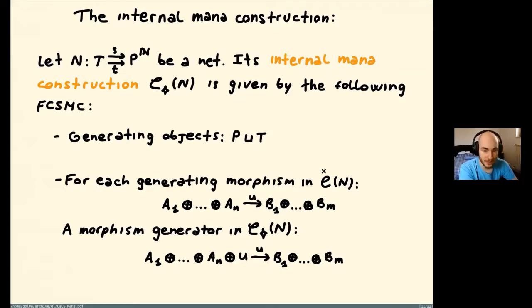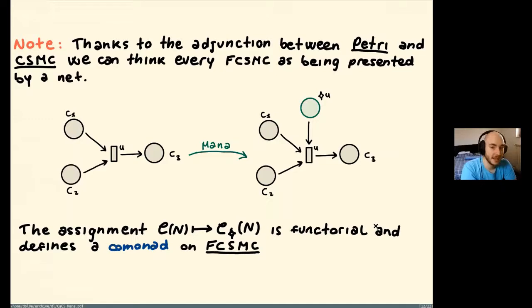And the generating morphisms are just the same as generating morphisms in CN, but for each one of the generating morphisms, you add another object to its domain, which represents the generator in CN. And by the adjunction between Petri and CSMC, we know that every FCSMC is presented by a net.